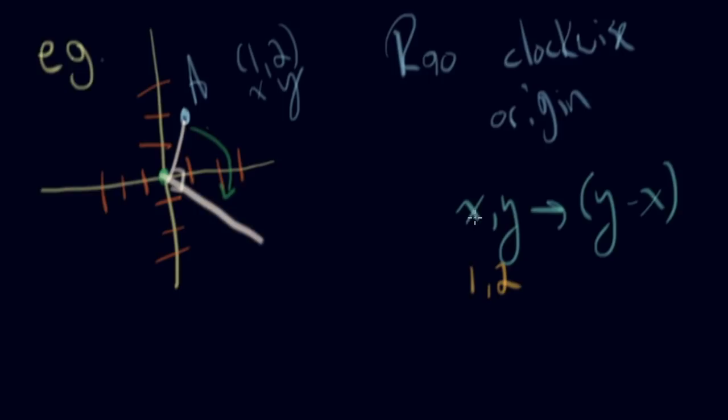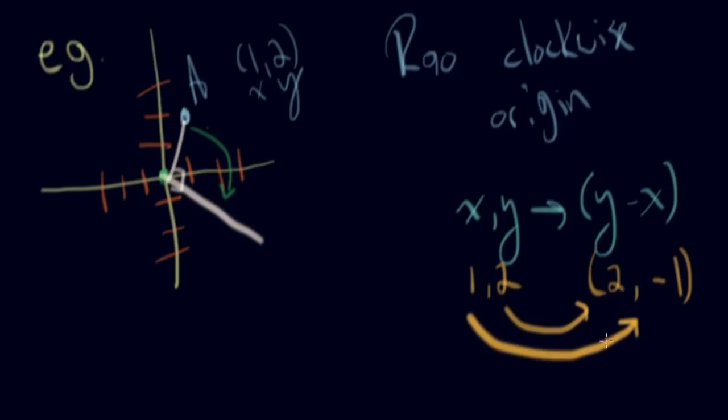That means our x goes over there, but it changes the sign, so it becomes negative 1, and the y flips over there and becomes 2. So our new point should be 2, comma negative 1. Does that look about right? Obviously my lines are a little bit off, but it should be about there. So that's how we apply those rules visually.